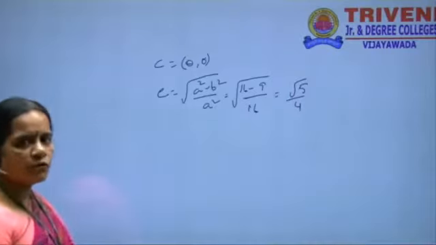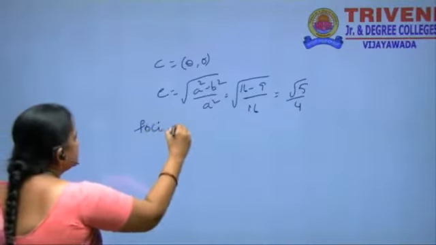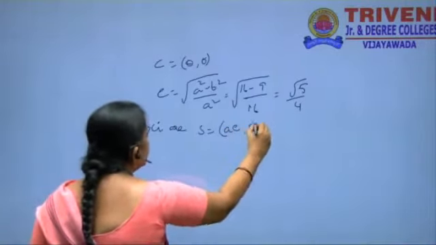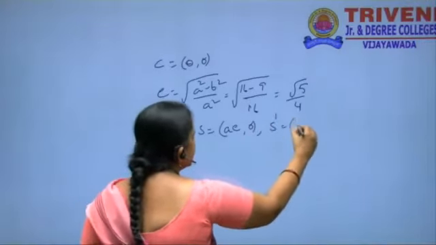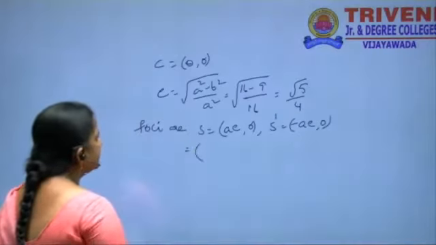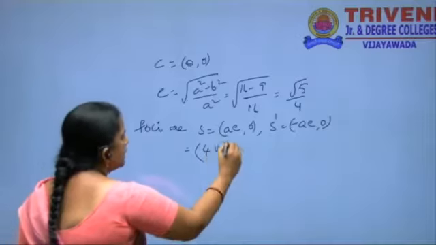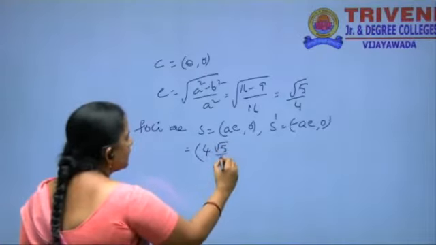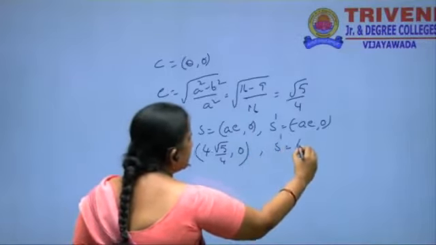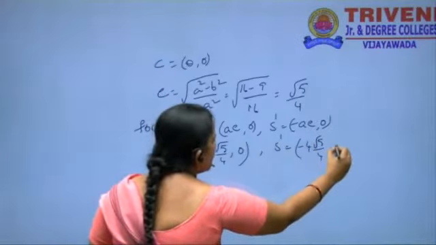Eccentricity is root 7 by 4 and foci is S equal to AE, 0 and S dash equal to minus AE, 0. That is, we write the value of a is 4 and eccentricity is root 7 by 4, 0, and S dash is equal to minus 4 into root 7 by 4, 0.